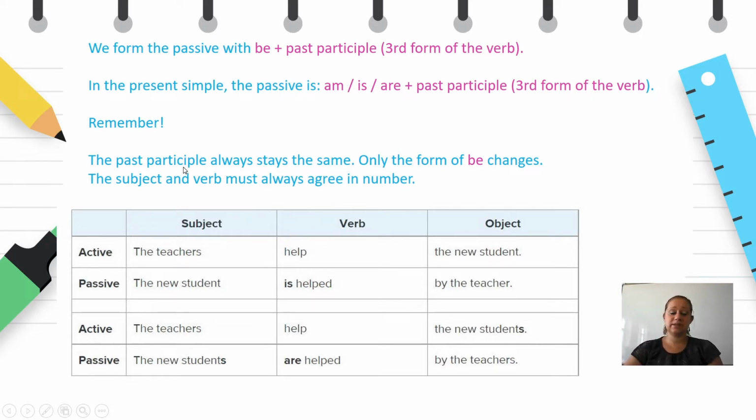So the past participle always stays the same. What changes in the sentences is actually the verb to be. The subject and verb must always agree in number.